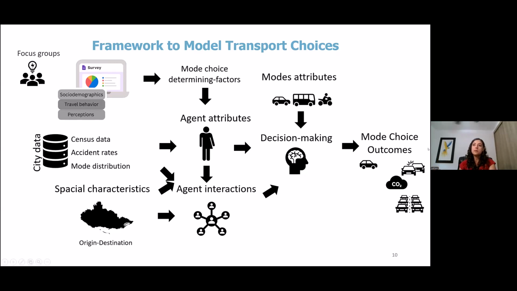And these outcomes have some impacts on the system, such as road accidents, CO2 emissions, and traffic congestion. So this is like the general framework that we follow to try to capture all these cultural, socioeconomics, and demographics that we know that are affecting the transport dynamics in the city.